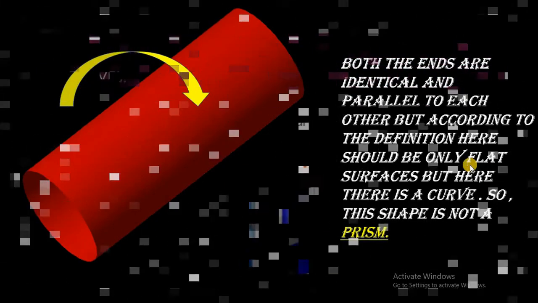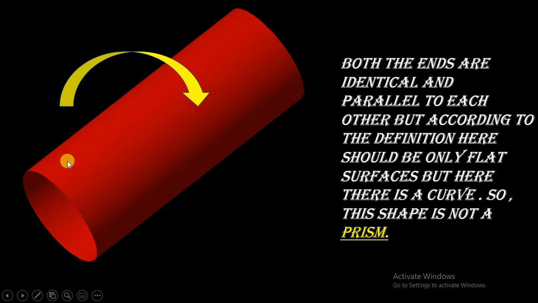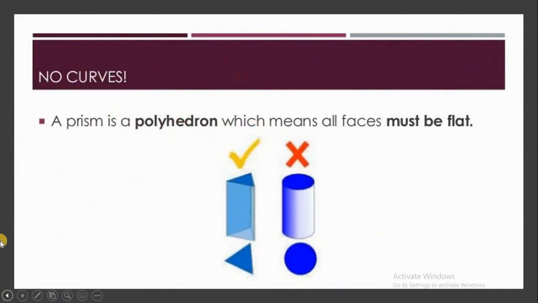Now here we have a cylinder. There are circles at the ends. They are identical and parallel to each other. But it is not a prism. Why? According to the definition, there should be only flat faces, as we just saw in the last picture, that a prism is a polyhedron.